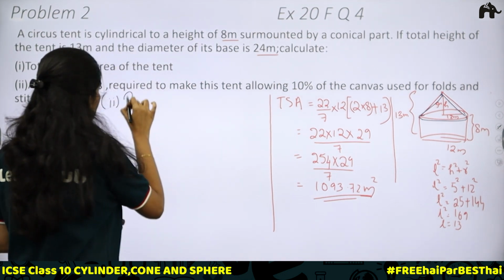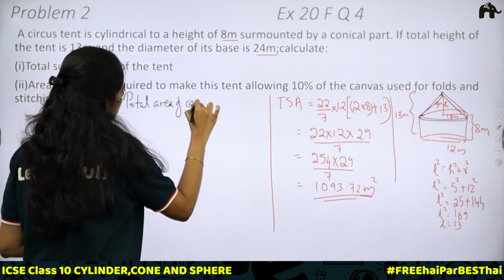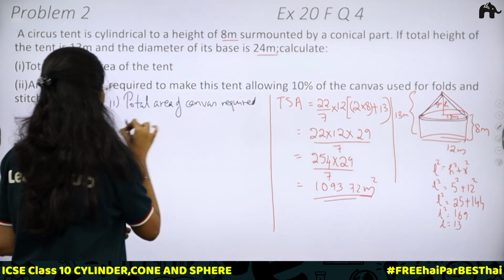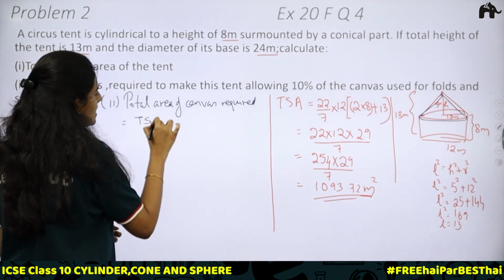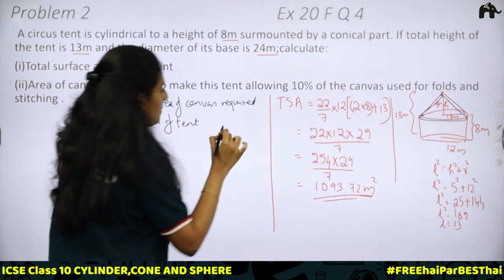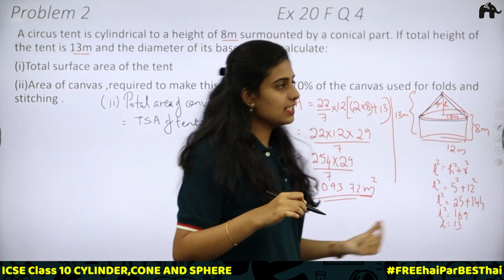So the total area of canvas required will be equal to the total surface area of tent plus the area that is used for the folds and stitching.